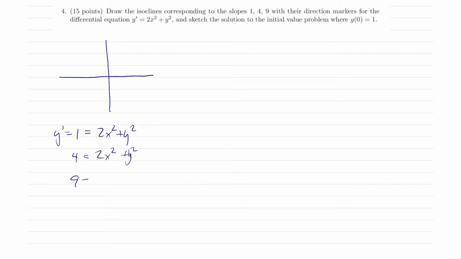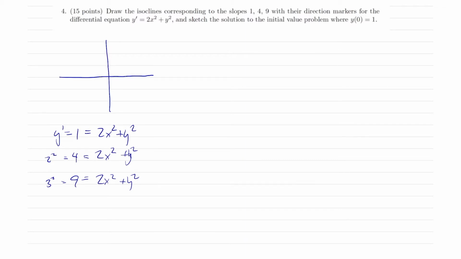And we want 9, which would be 9 equals 2x squared plus y squared. Now, each one of these is going to give us a curve, and they all fall in the same family. It's probably best to leave it there. So if you look at it this way, instead of 4, I put 2 squared, and 9, I have 3 squared. These are all going to give me ellipses.